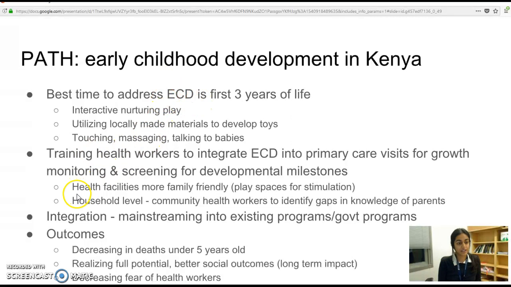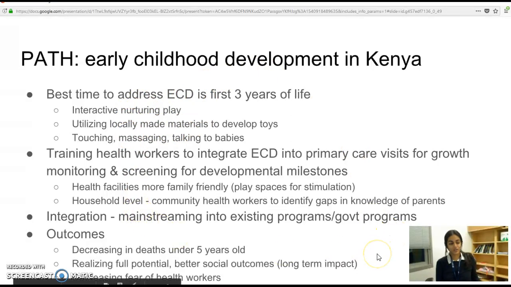So health facilities were made more family friendly. They would have play centers for stimulation in the waiting rooms, as you saw in the video, and household level community health workers who were volunteers would go out to families, new parents, and teach, first of all, identify gaps in the knowledge of parents, and then teach them about this ECD concept.